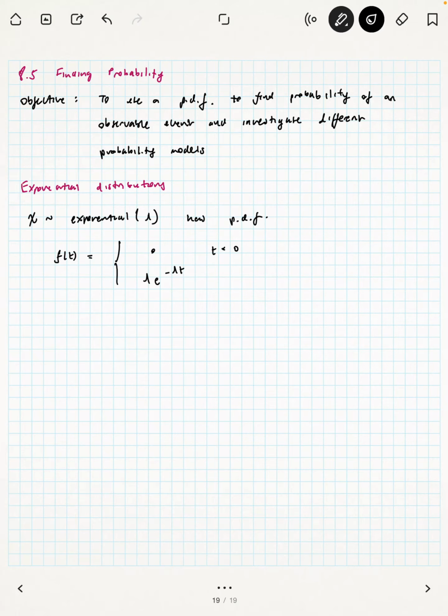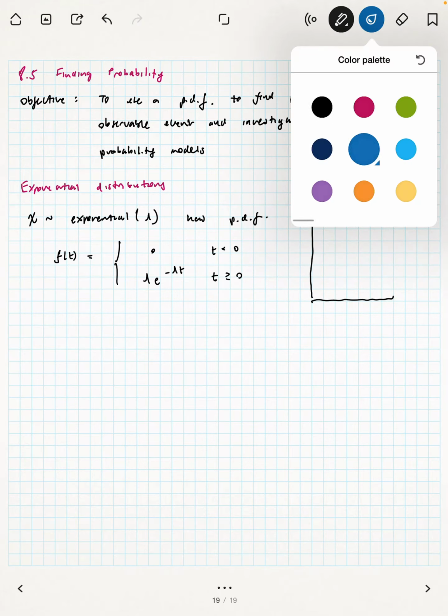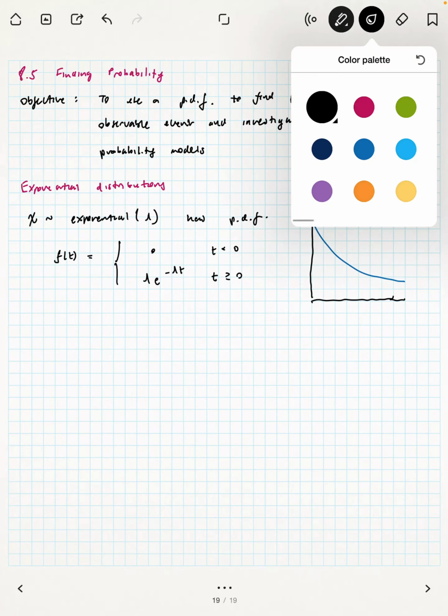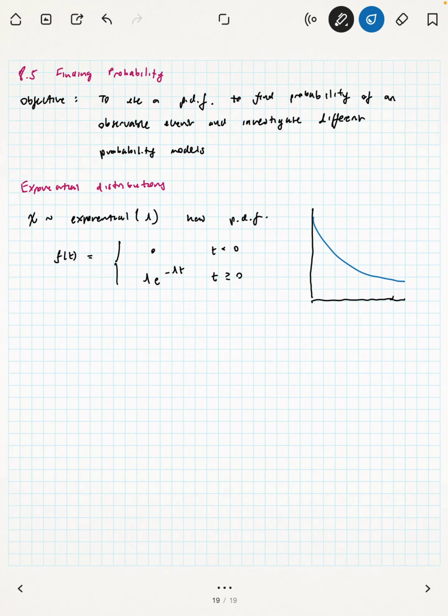So this is really an exponential function that's decaying, and it looks something like this. At its peak, its highest value is at 0, and that's going to give us the value lambda.